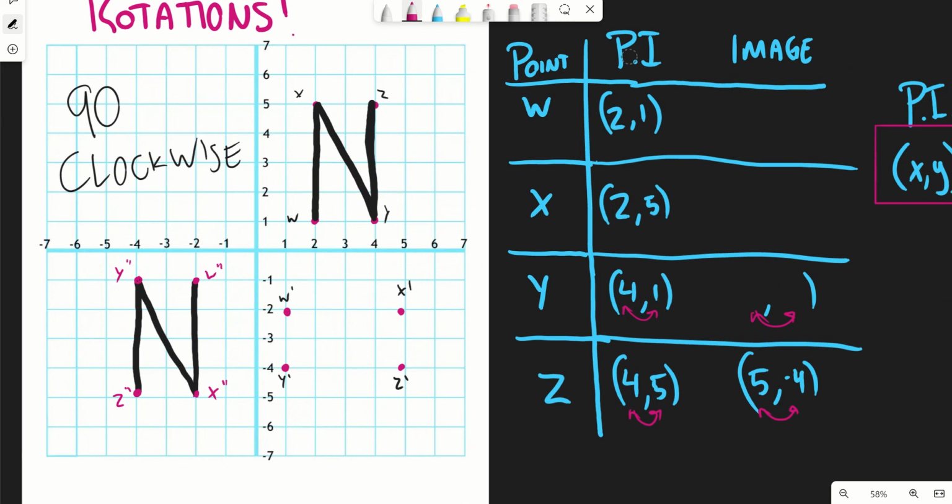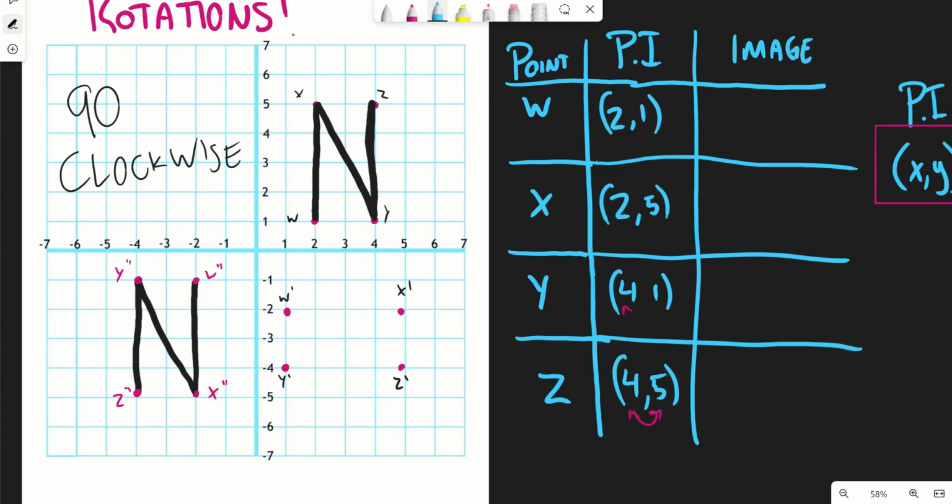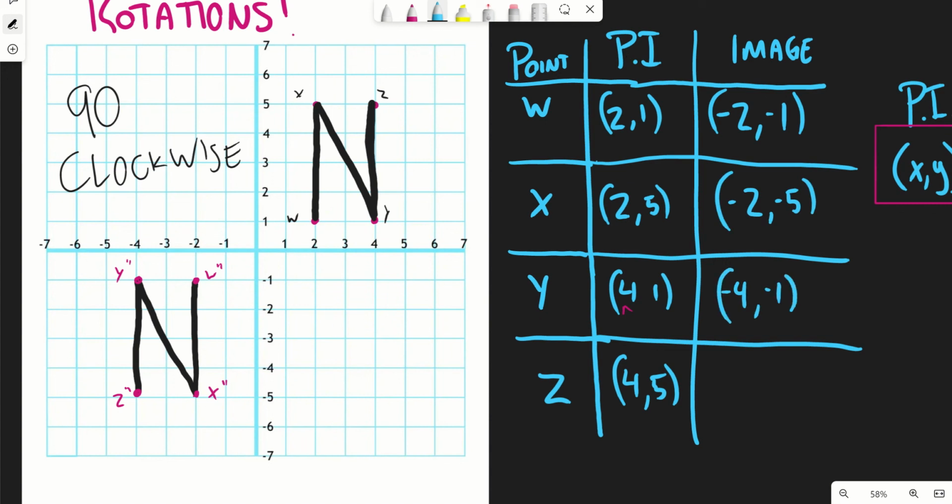Oh man, I erased that big line there. What's my point of my image at now? I've rotated all the way around. Well, W started at 2, 1. It's now at -2, -1. X is now at -2, -5. Y is at -4, -1. And Z is at -4, -5.